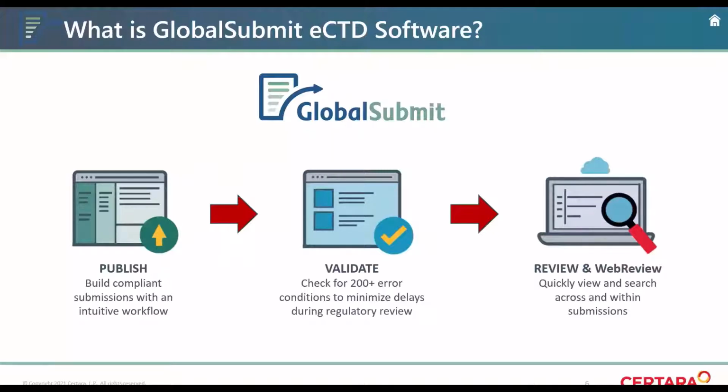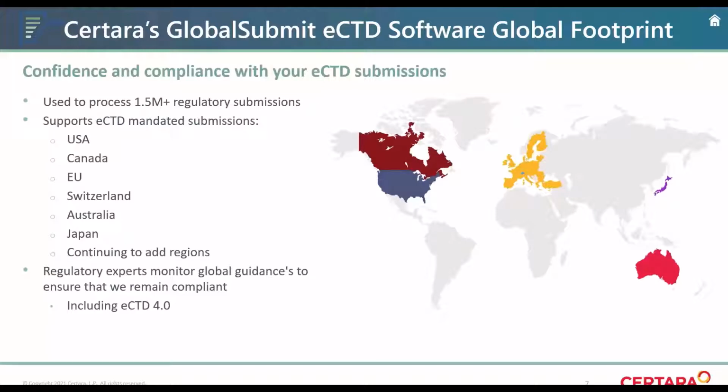So if you want to go to the next slide, Danny. So GlobalSubmit is used to process over 1.5 million regulatory submissions. We support the following regions. You can see them highlighted on the map, but those are US, Canada, EU, Switzerland, Australia, Japan.